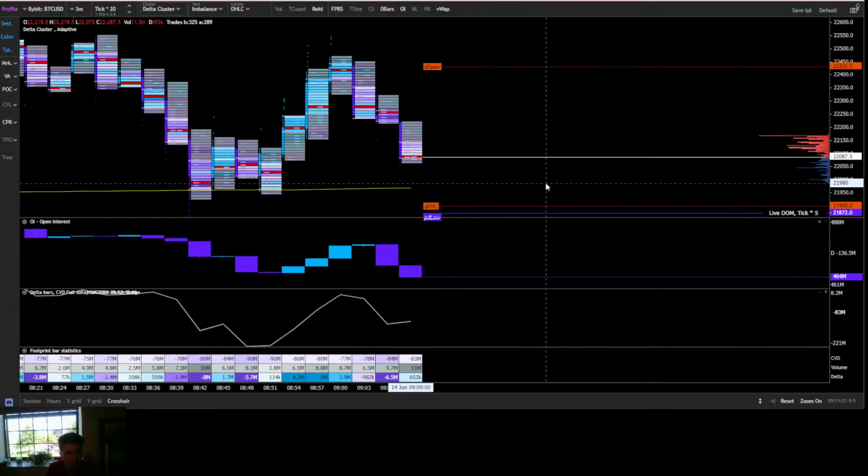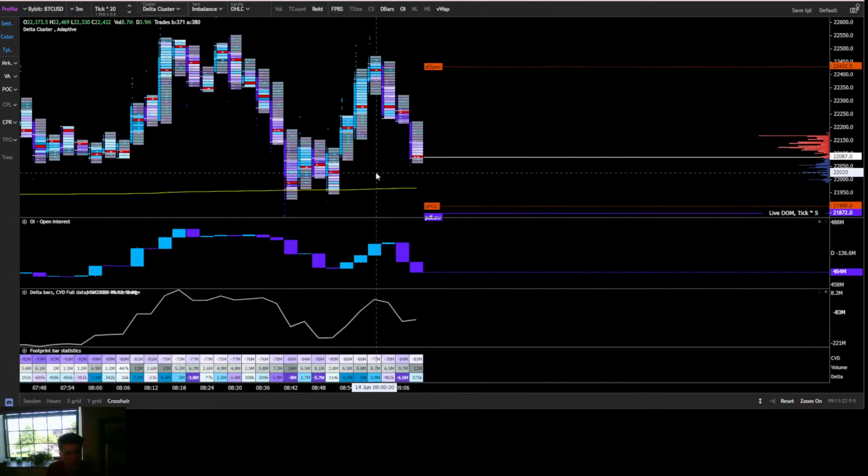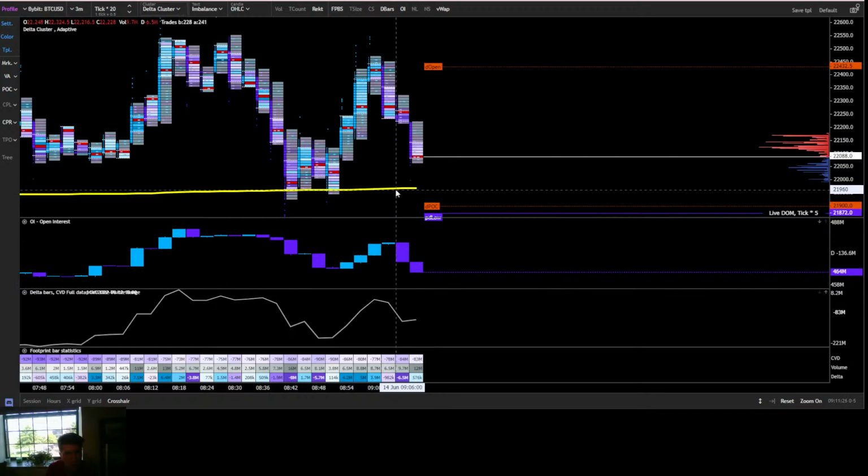CBD, let's see what's going on here. Doesn't really look like any absorption.